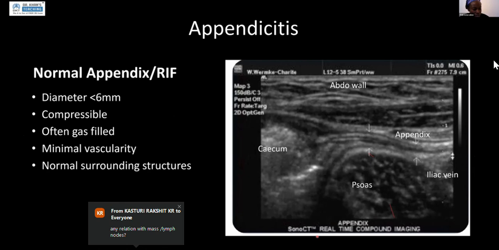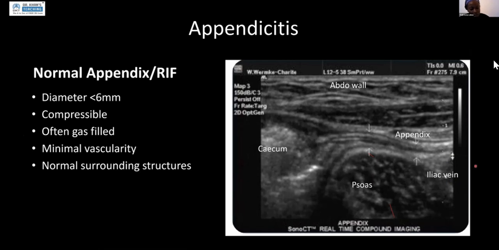This is an image to show you your cecum, and this is your appendix coming off here. Normally the appendix is draped over the iliac vessels if it's in its normal position. So this will be your iliac vein, and you'll see your iliac artery, and the appendix just drapes over them. Then I make sure there's nothing sat between the appendix and the psoas that could suggest a little abscess, and then do all my measurements.